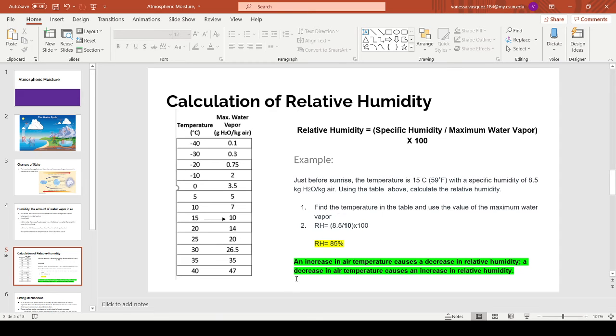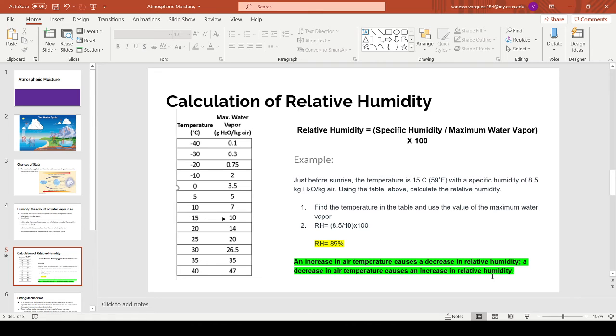So another rule is that an increase in air temperature causes a decrease in relative humidity. A decrease in air temperature causes an increase in relative humidity, meaning that in the morning there is a higher chance of relative humidity being 100% because it's really cold when you go outside.